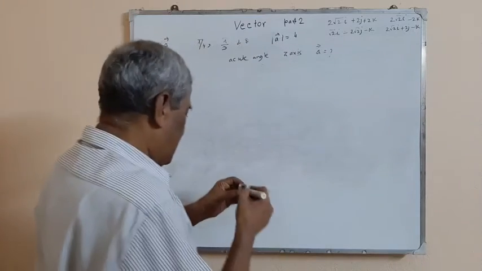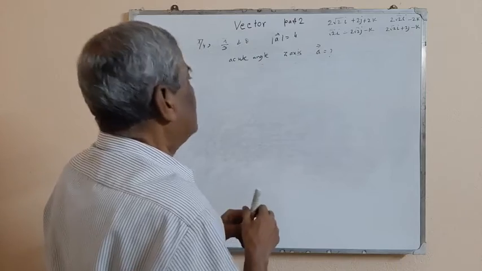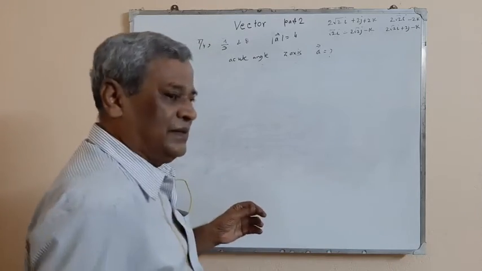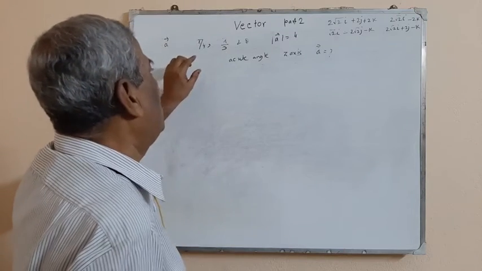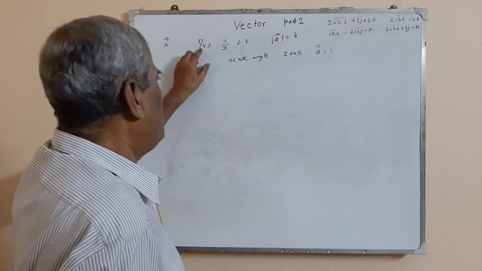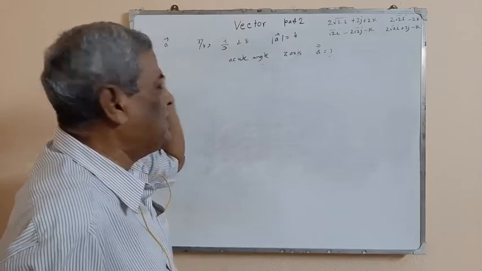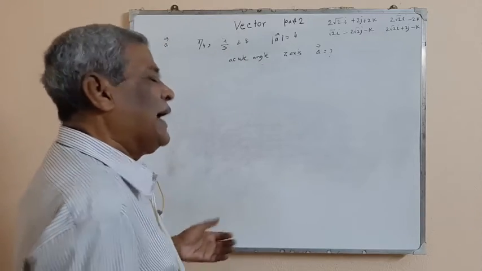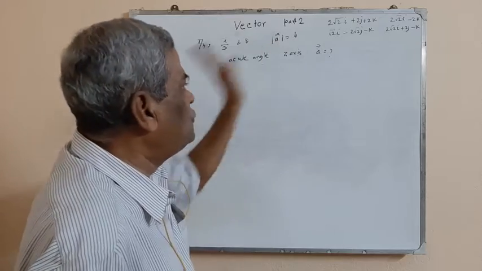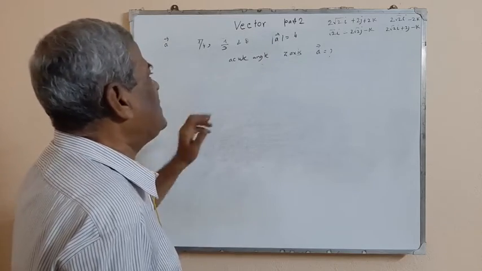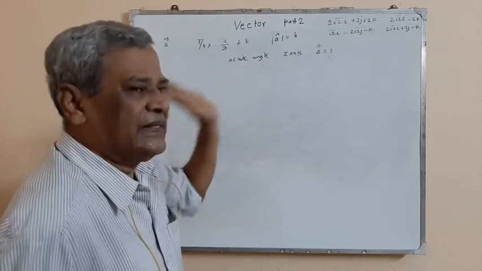So actually, about vector A, the information is: number one, it makes pi by 4 with the x-axis, pi by 3 with the y-axis, and theta with the z-axis. Magnitude A is also given, which is 4, and also given that A makes an acute angle with the z-axis.